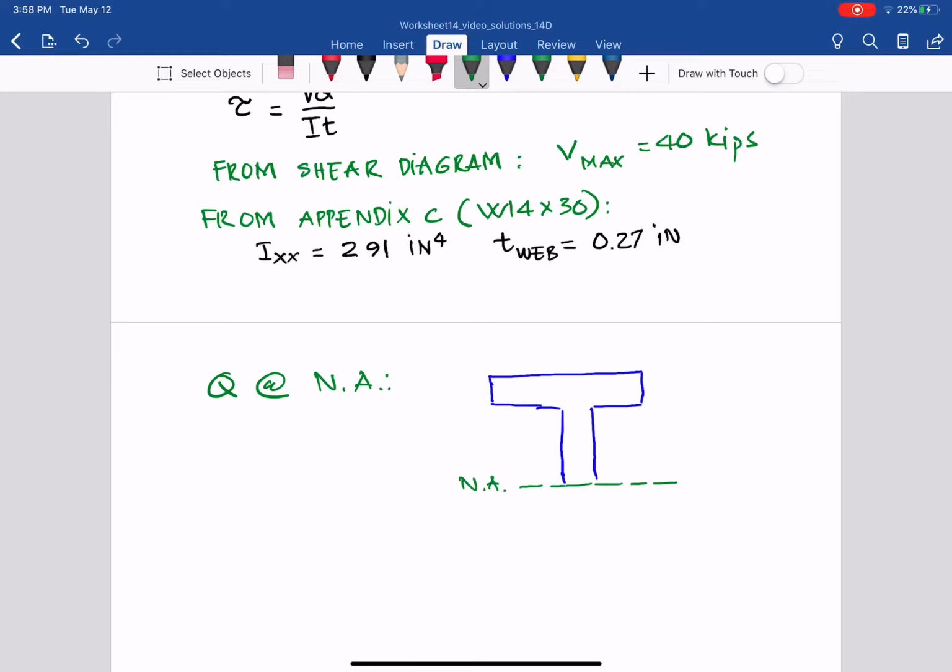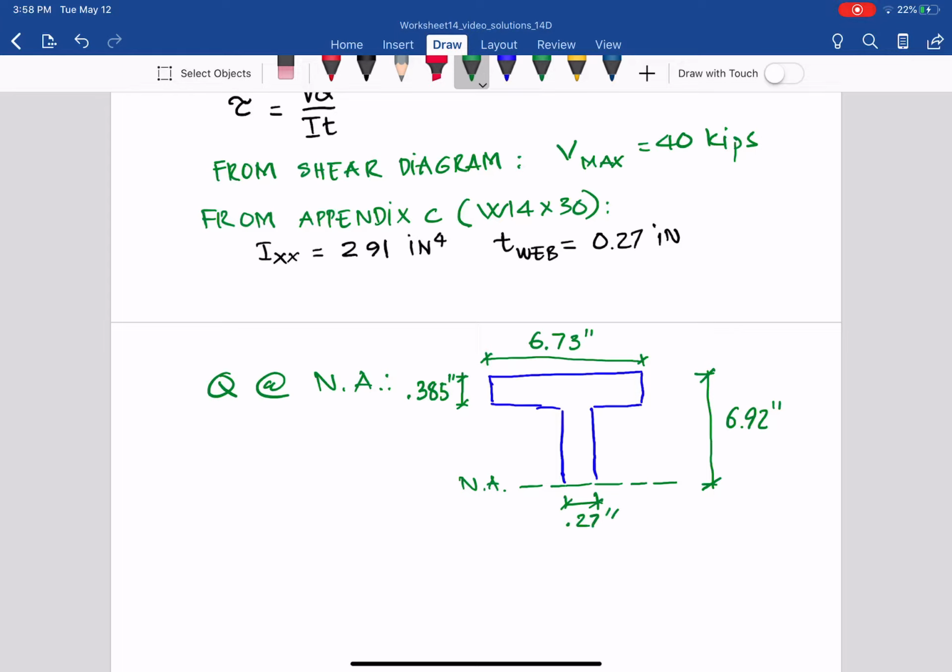Then we have the depth of this standard shape, and from the depth we divide by 2 to get the height, 6.92 inches. Again, all of this information can be obtained from appendix C for W14 by 30. The width of the flange is 6.73, the thickness of the flange is 0.385 inches, and the thickness of the web, as written earlier, is 0.27 inches.